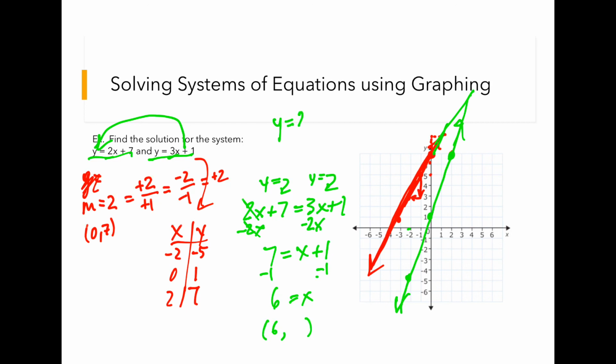If I use the first one, that's 2 times x, so 2 times 6 plus 7. So that's 12 plus 7, which is 19. Do we get the same thing with the other? Well, that's 3 times 6 plus 1, so that's 18 plus 1, which is 19 again.